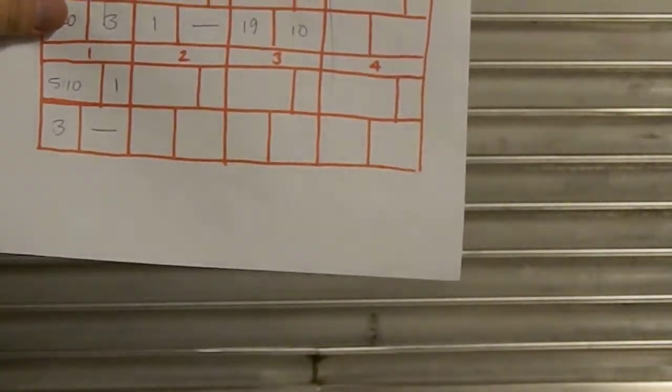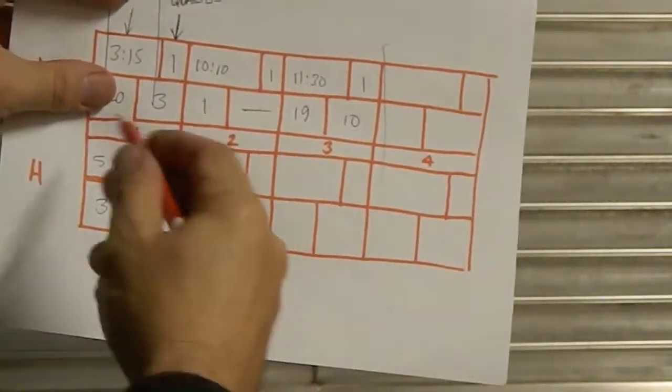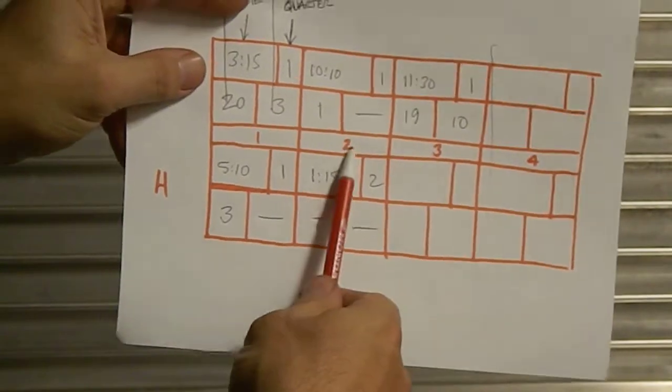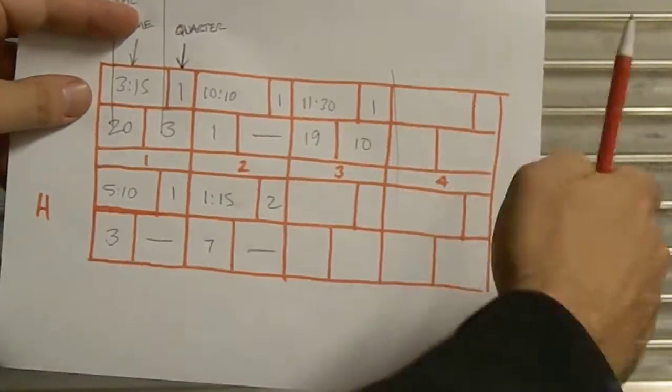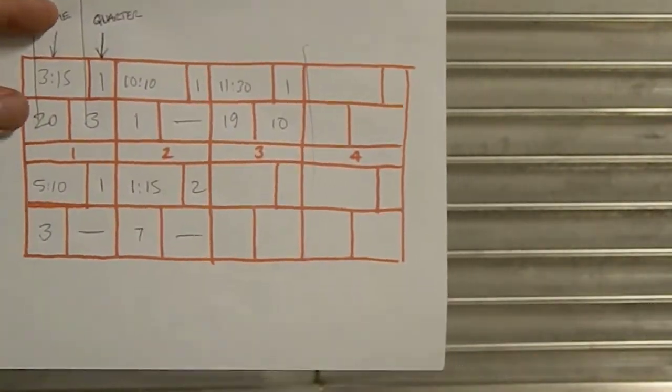It's not the correct way to do it, and start scoring the second quarter here. So now the home team, they get a goal at 1:15 of the second quarter by number 7, and it was unassisted. So now we put it in the number 2. So now it's 2-3. So we don't run past that. One might have a big long line, and one may have none. So it's just continuous.